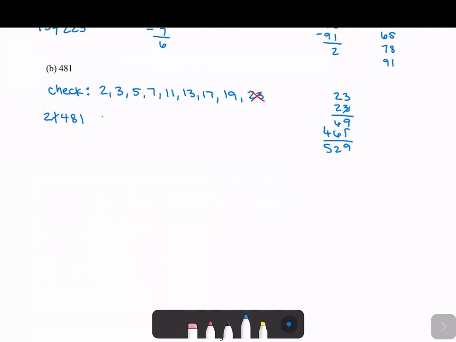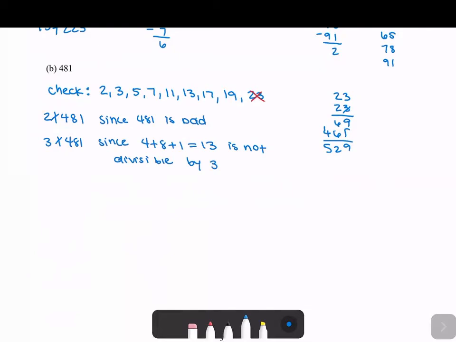So 2 does not divide 481, since 481 is odd. 3 does not divide 481, since 4 plus 8 plus 1 is 13, which is not divisible by 3. 5 does not divide 481, since 481 does not end in a 0 or a 5.